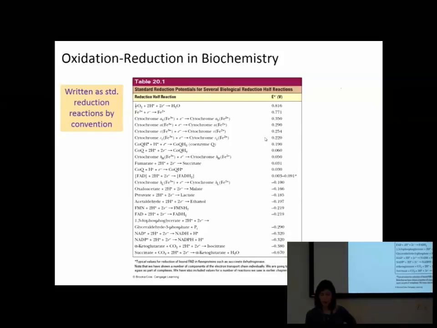So here, let's take a look at NAD. There's a lot of things in here. NAD to NADH, FAD to FADH2. So these are what we're handing into our electron transport chain, right?